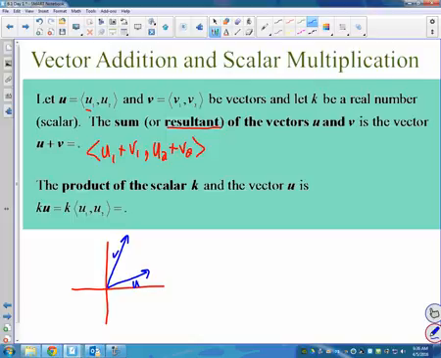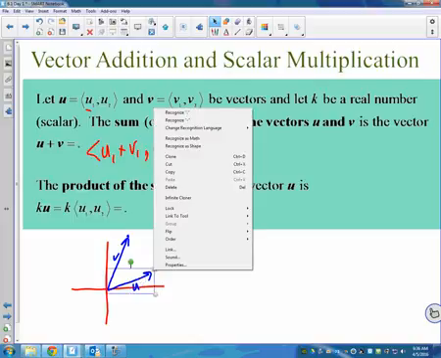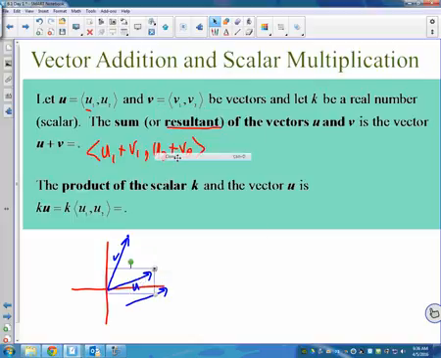My drawing's not great, but pretend I'm going to draw another u starting here and just going across. So it should be slanted the same. I'm going to take this and put it up here, right? Make a little parallelogram.